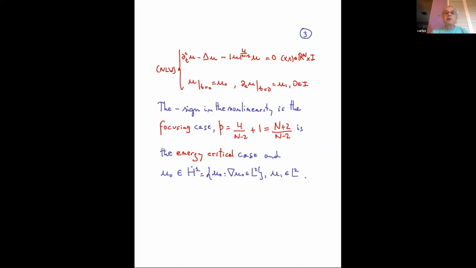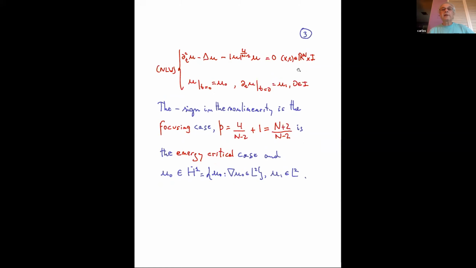So the nonlinear wave equation is the equation in the brackets. It's the D'Alembert minus the semi-linear nonlinearity, absolute value of u to the 4 over n minus 2, u, equal to 0. Initial data u0, initial data of the derivative u1.